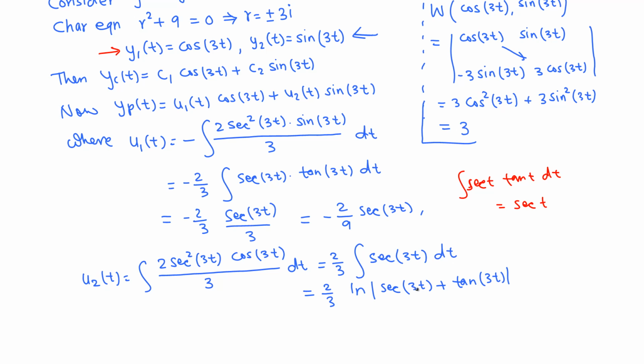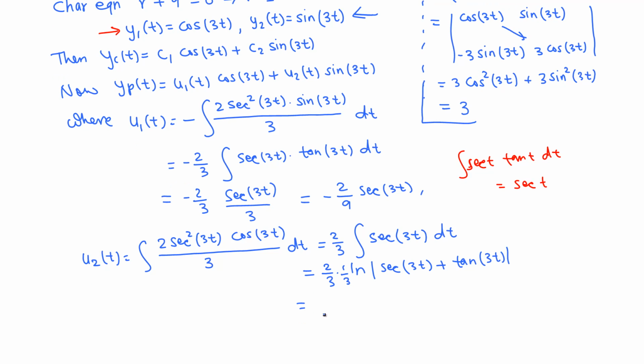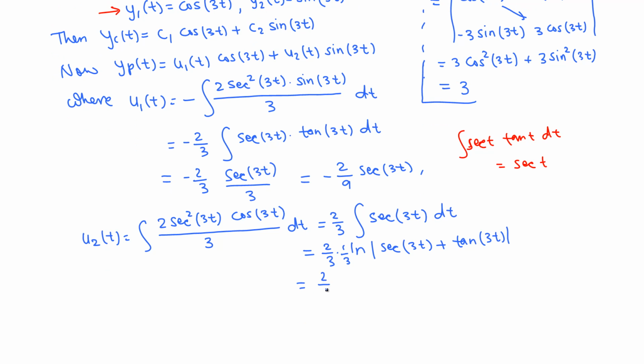Like last time the angle is 3, so we need to divide by 3, so that's 1/3. Which is in fact 2/9 natural log of secant 3t plus tangent 3t.